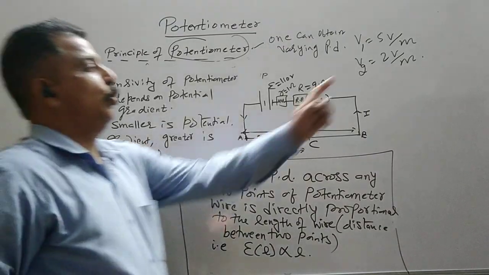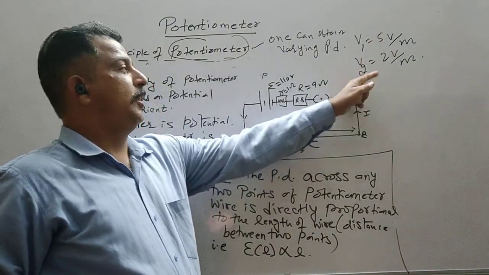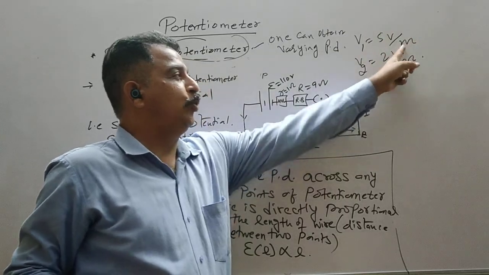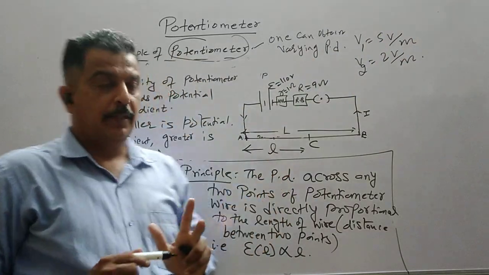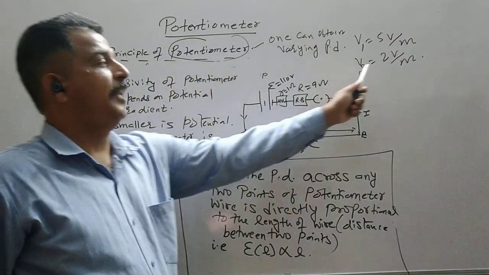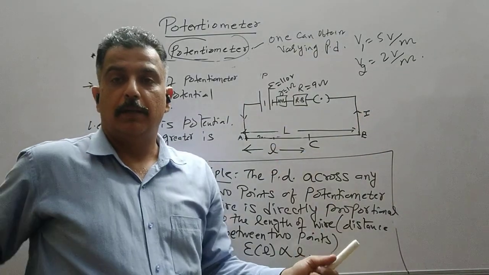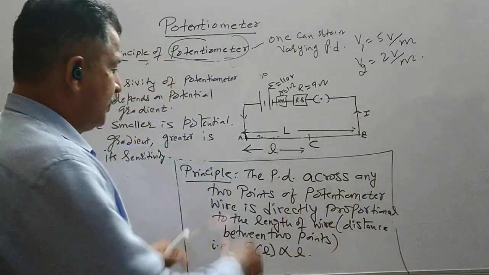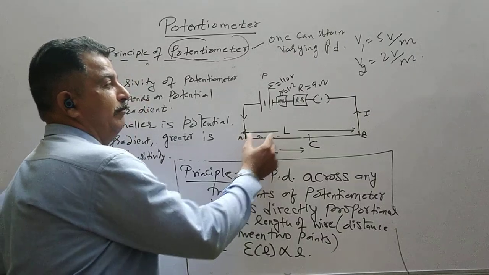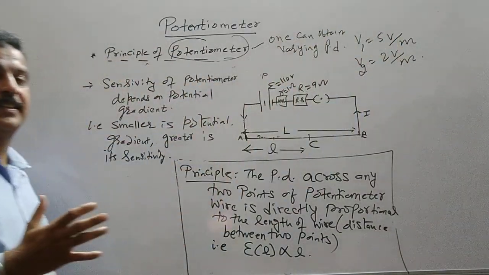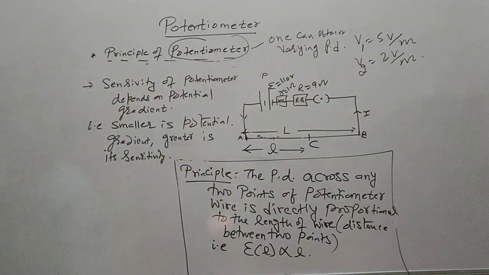So if there are two potentiometers having potential gradient 5 volt per meter and 2 volt per meter, the sensitivity of the second is more. It means for a small per meter we will get 2 volt of the supply, and for the first potentiometer per meter you will get 5 volt.